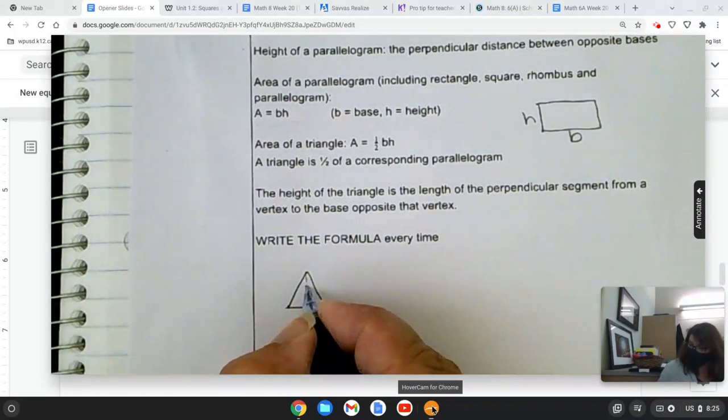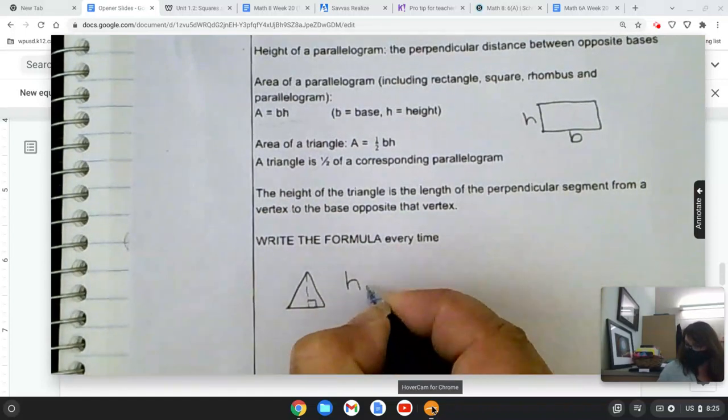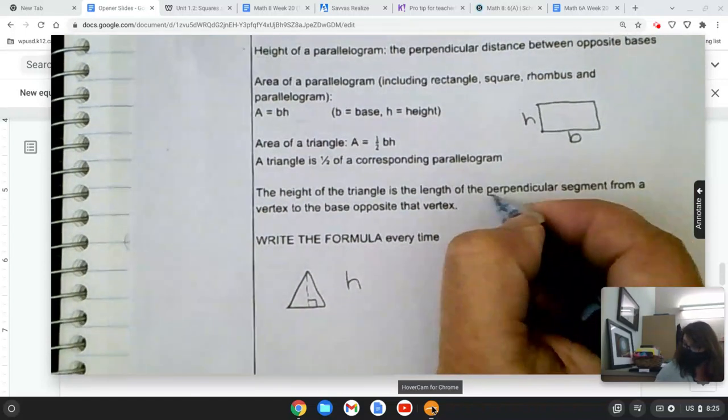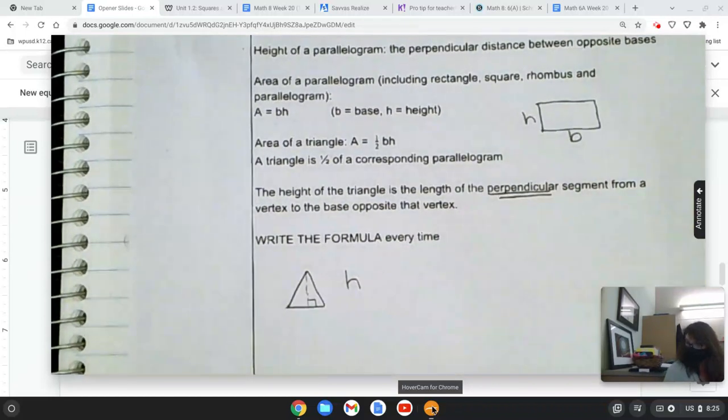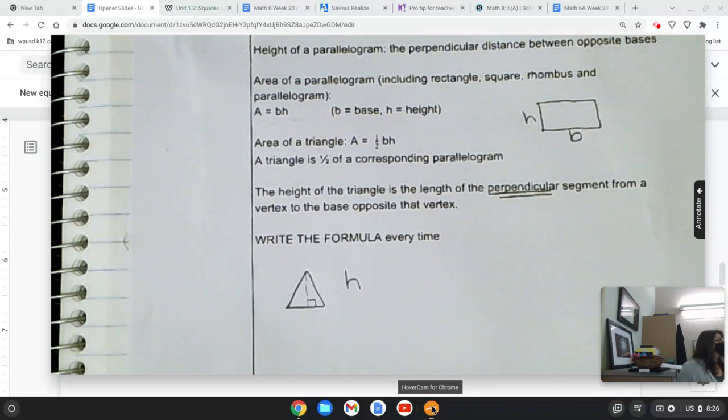The height has to be perpendicular. That is a big word and I don't want it to be on a spelling test. But what does it mean, perpendicular? They exactly cross at a right angle.